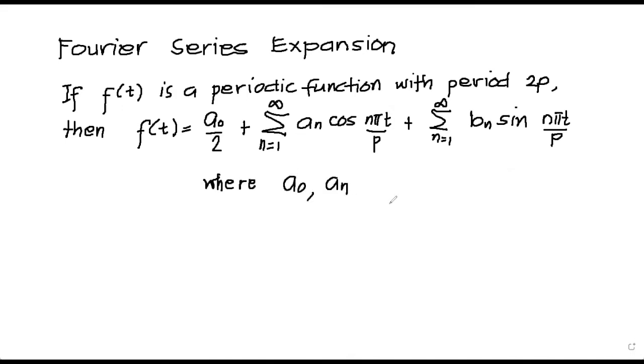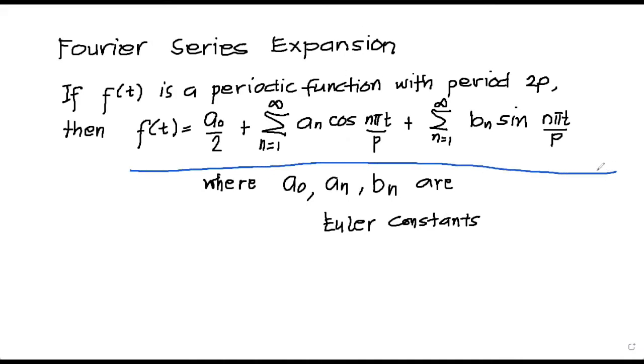And these a sub 0, a sub n, and b sub n are called the Euler Constants. This is the Fourier series expansion.